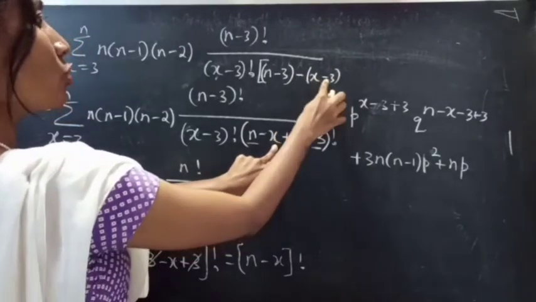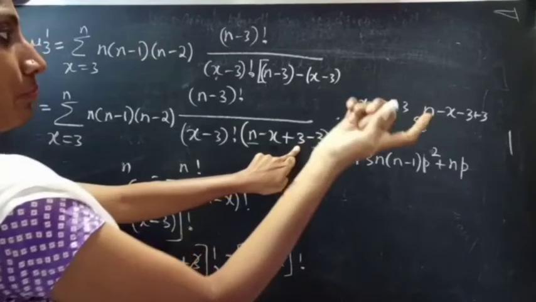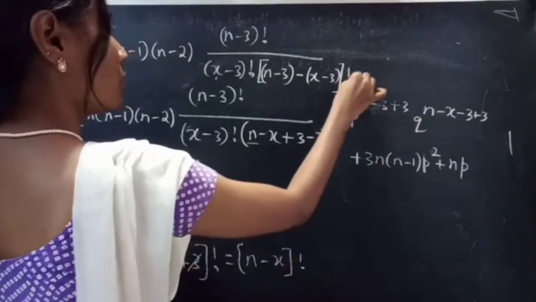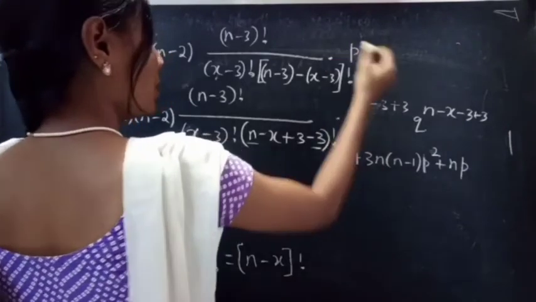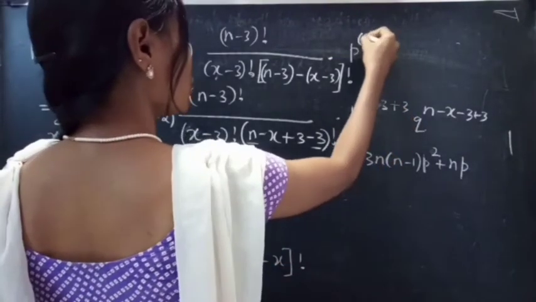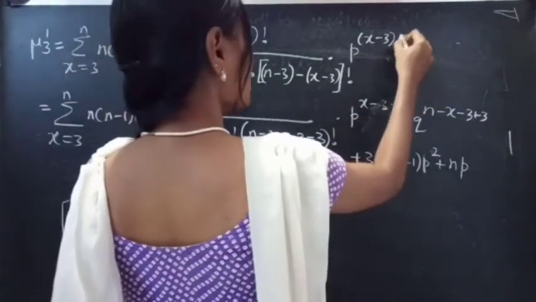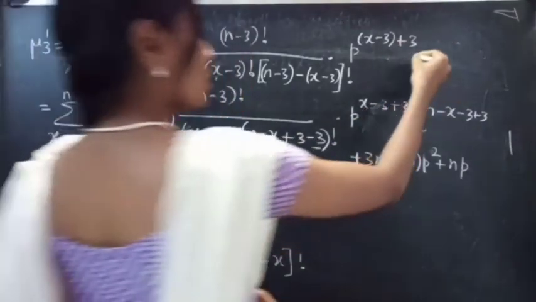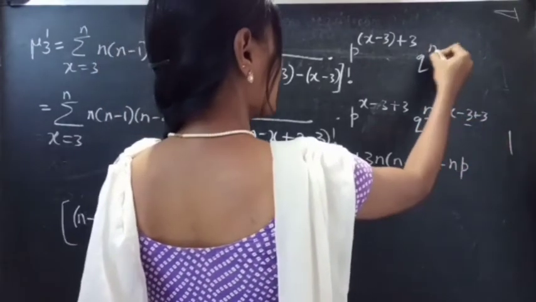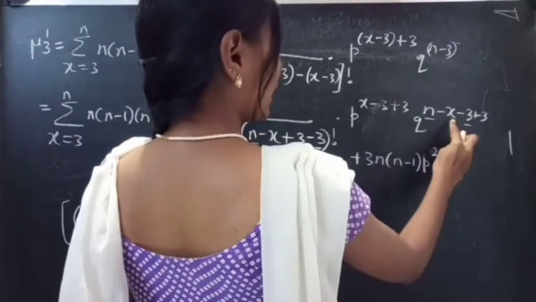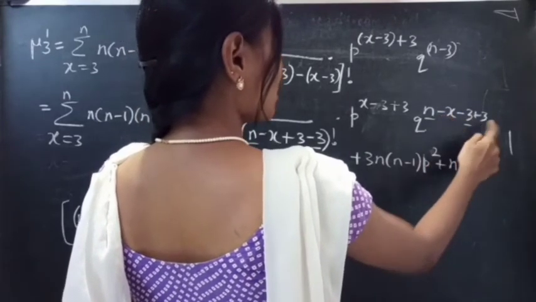See, minus into minus will be plus 3. Alright. Factorial into p power. Likewise, here also you can write x minus 3 plus 3 into q power n minus 3. Now again take minus common from these two terms, minus x and plus 3.